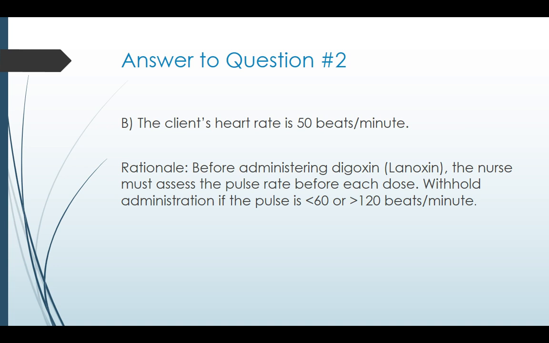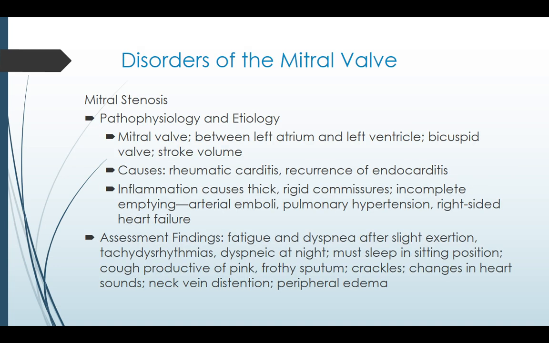That's where people die. Mitral stenosis is the same thing as aortic stenosis, but it's on the mitral valve, not the aortic valve. So it's a little bit different. This happens as a sequela to rheumatic carditis. The mitral valve is between the left atrium and left ventricle.